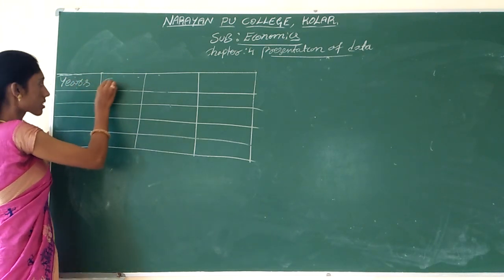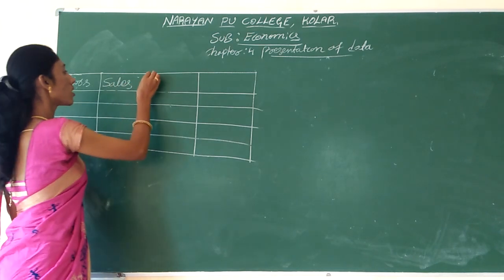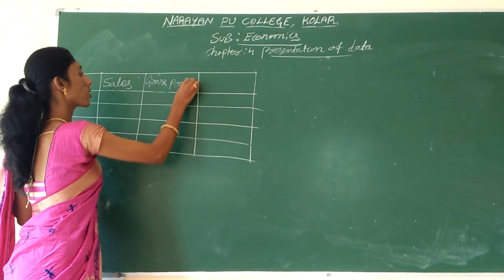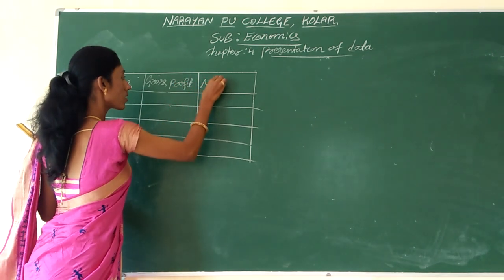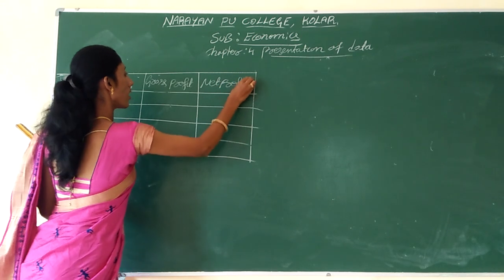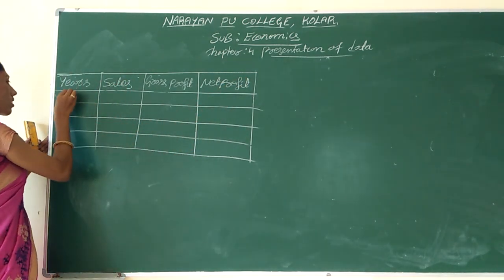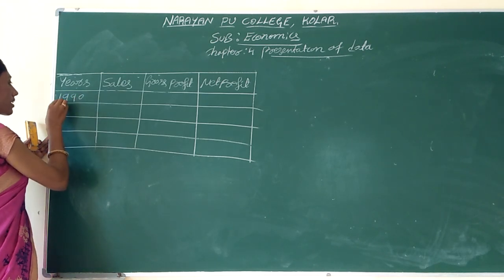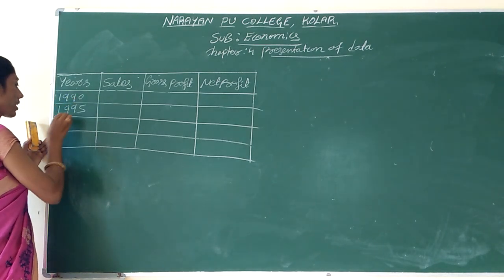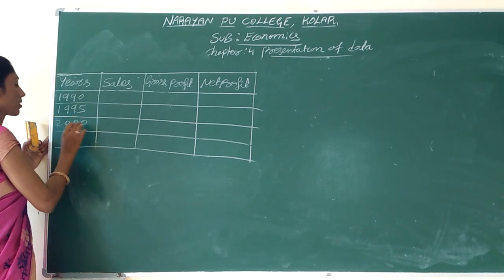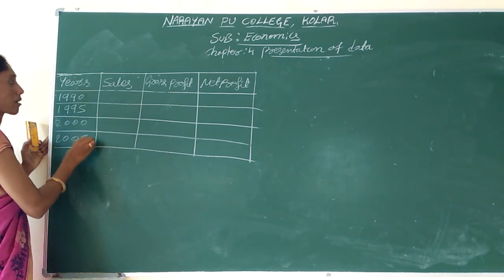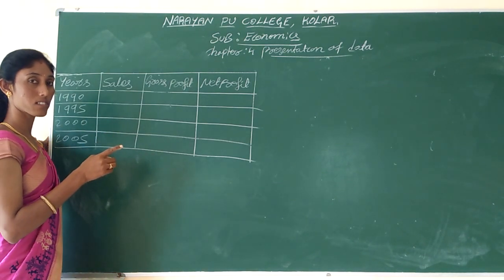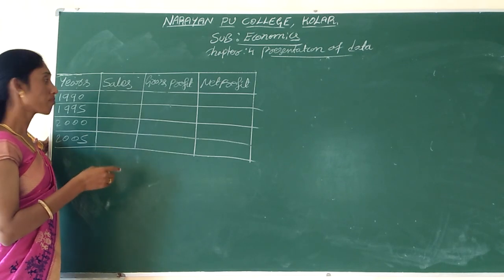Second, sales. Third, gross profit. Fourth, net profit. And the years are first 1990, 1995, 2000, 2005. The company's sales, gross profit and net profit, they are going to give the data.